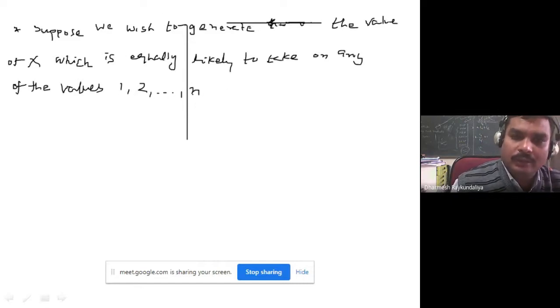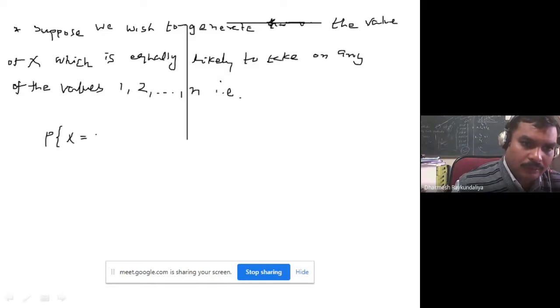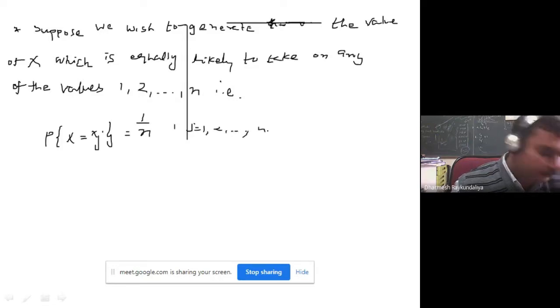That means each has equal probability, that is, the probability that x takes value xj is 1 by n, for j taking values 1 to n.